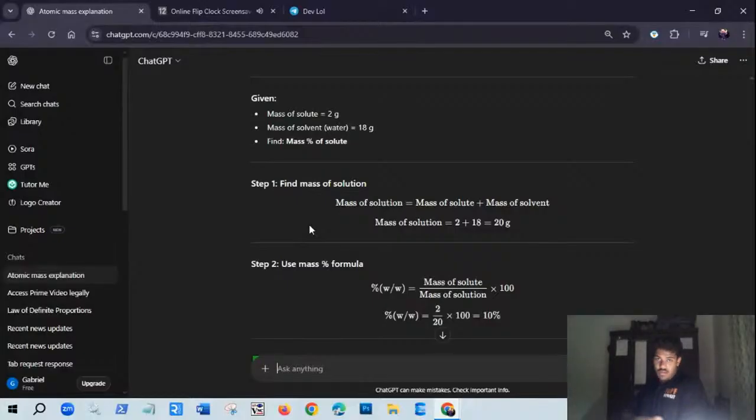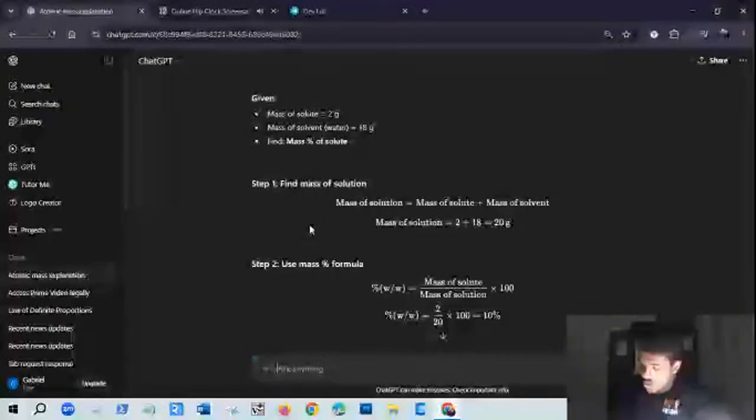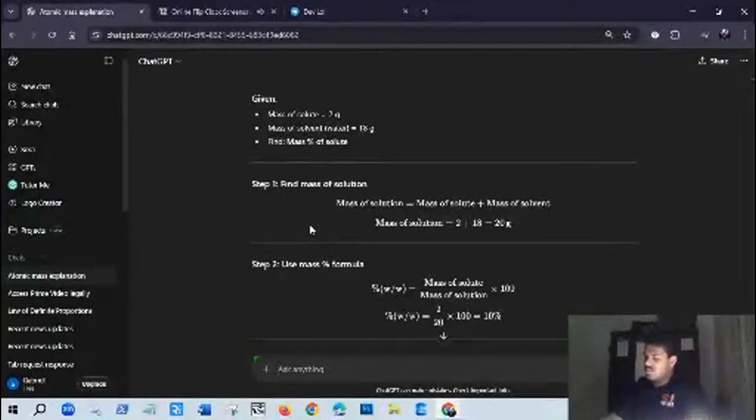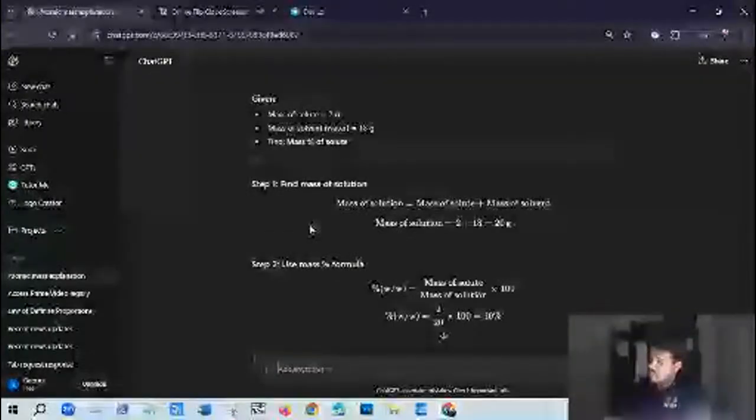Find the mass of solution: mass of solute plus solvent, that is 20 grams. So 2 by 20 is 0.1, into 100, that is equal to 10 percent.